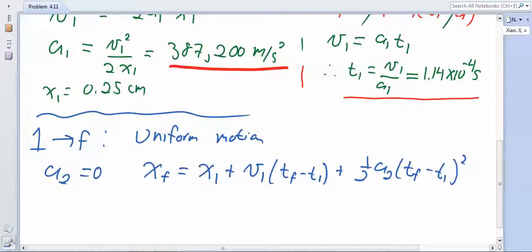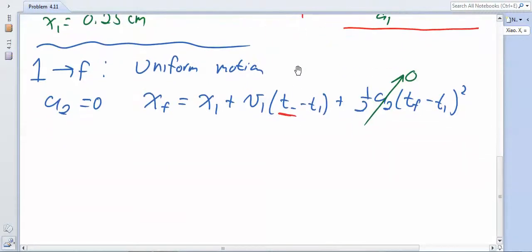And the acceleration is equal to 0 for the second part of the motion, so that whole third term goes away. So I would want to rearrange this equation and solve it for the value of t final. So it's going to take a couple steps of algebra to isolate that variable.